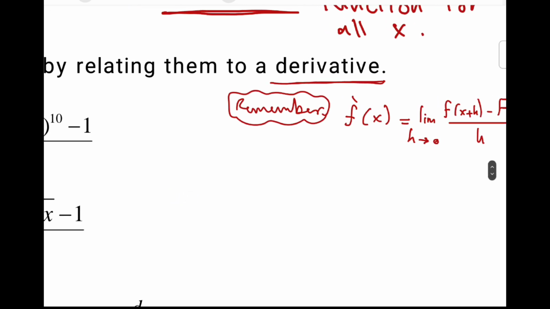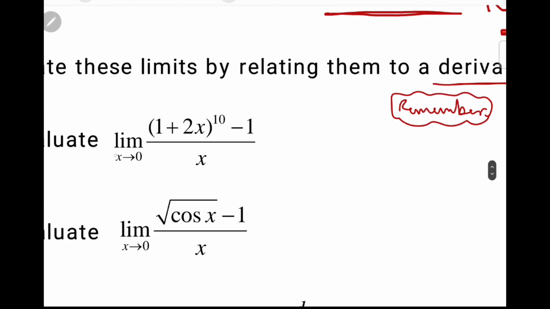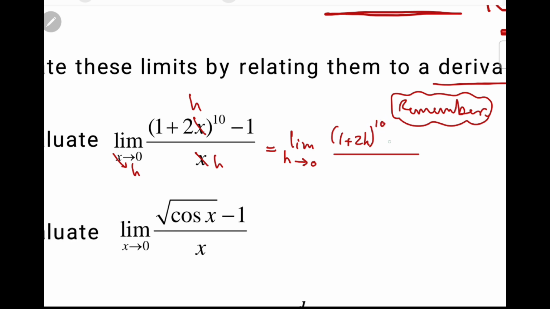So the first step to solve this problem is to switch these values to h, and x, make it s, change of variable. So this will be equal to the limit as h approaches 0 of 1 plus 2h to the power of 10 minus 1, divided by h.